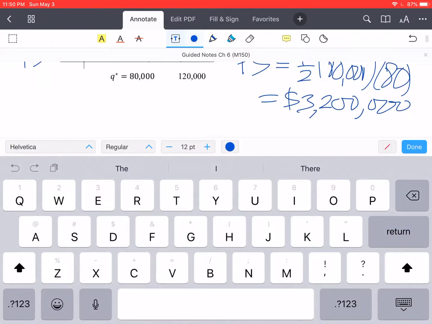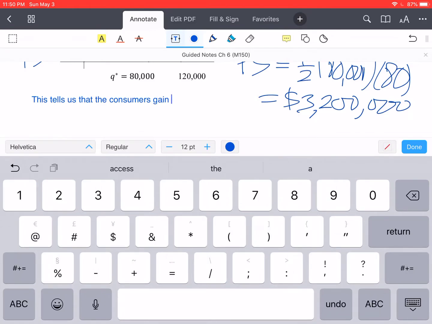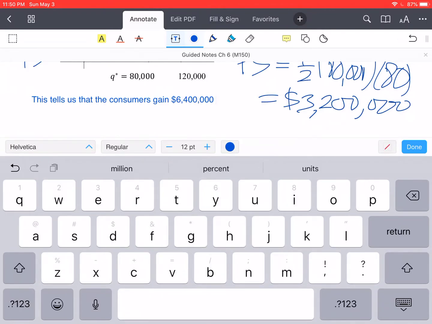Okay, so this tells us that the consumers gain $6,400,000 in buying goods at the equilibrium price instead of at the price they were willing to pay.